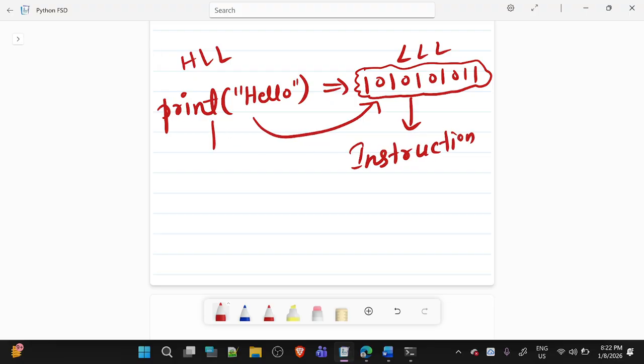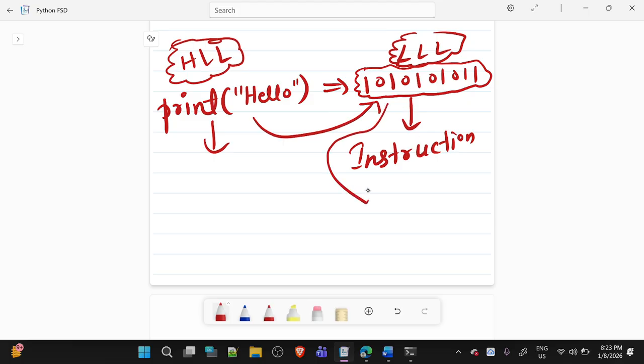This low level instruction the machine can directly understand, but for understanding high level instructions the machine requires one translator.